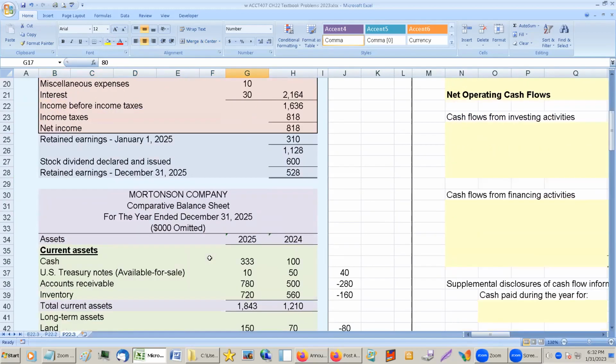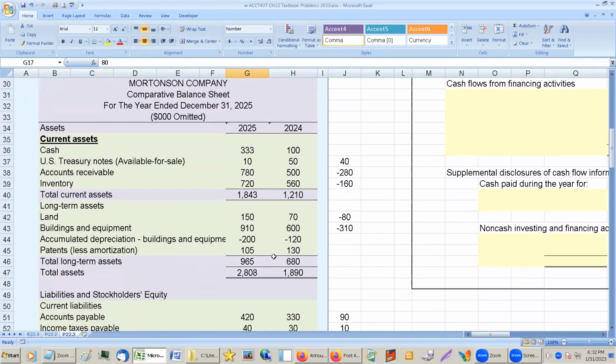You notice that's 80. So the accumulated depreciation went up by 80. In this case, it's more negative by 80. I think we expensed 80 of it. Again, but this isn't cash. We didn't actually spend cash for this negative to go down like that. All right.